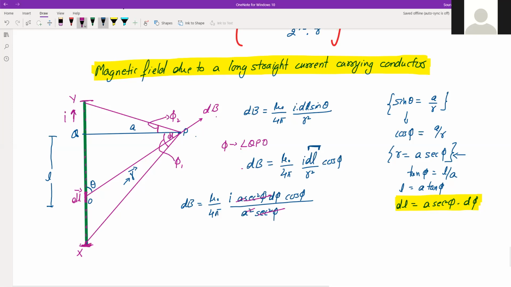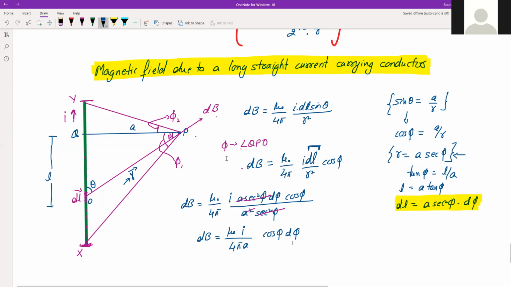So our dB is now simplified to mu naught by 4 pi a, into I, and then just cos phi d phi. a is what? The distance, that is constant. Remove it. So only cos phi d phi is the variable part.